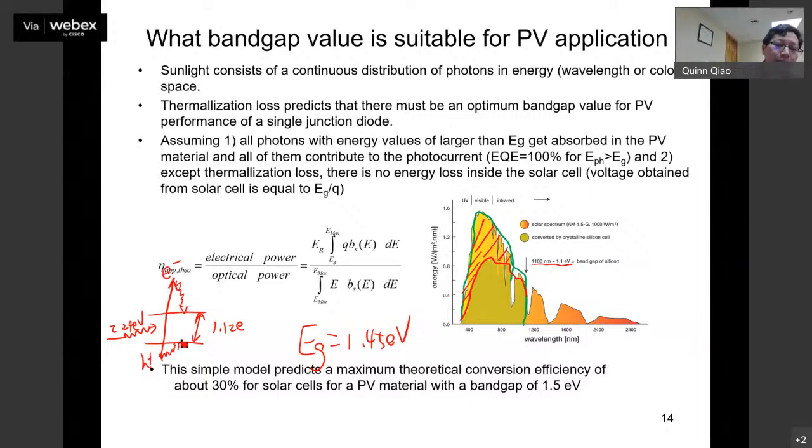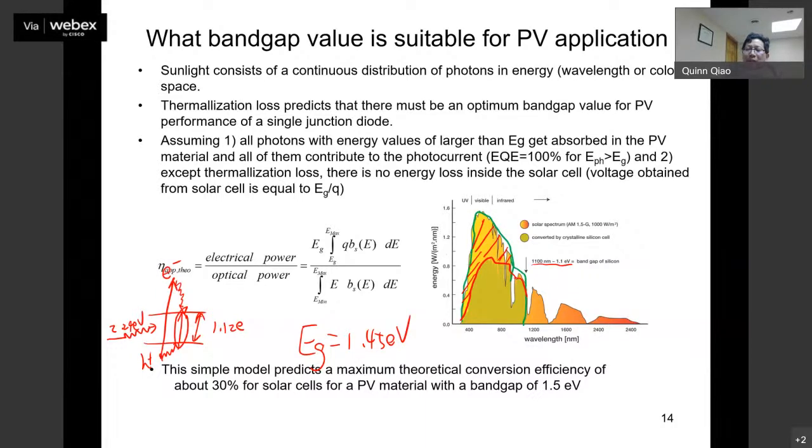So eventually, how much energy do you get from that photon? That's 1.12 eV. The other 1.12 eV just becomes heat inside the material. Your material gets heated up.